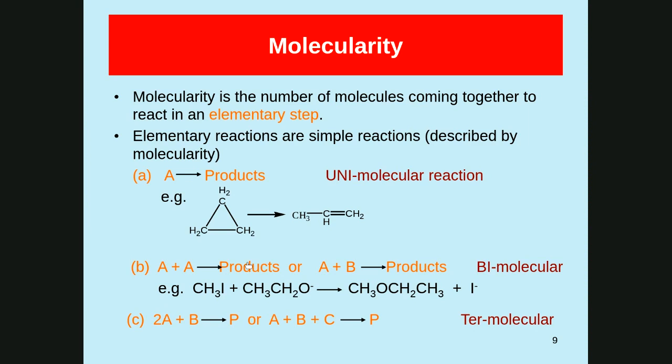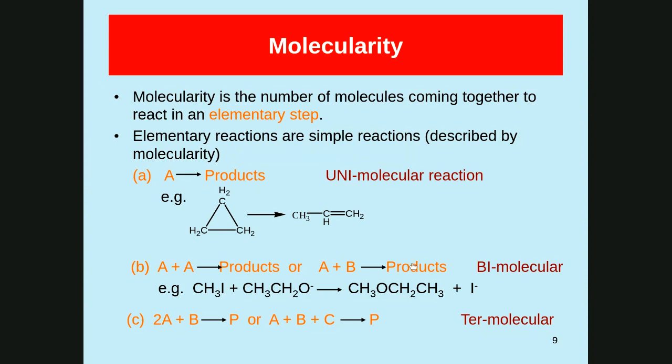The other type of elementary reactions is where you need two molecules to come together at the same time. And you have two types, one in which you require two molecules of the same type to combine to form products, so-called homomolecular reactions, or heteromolecular reactions, where you have two different types of molecules coming together to form products.